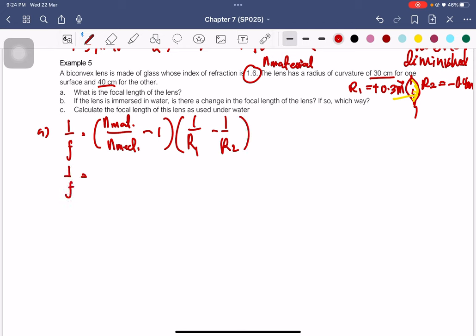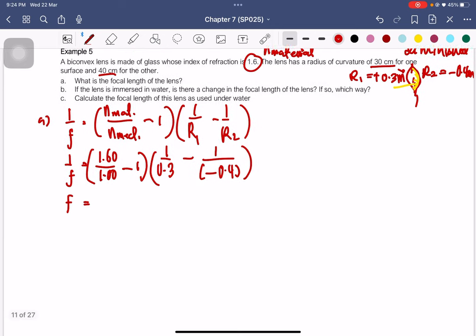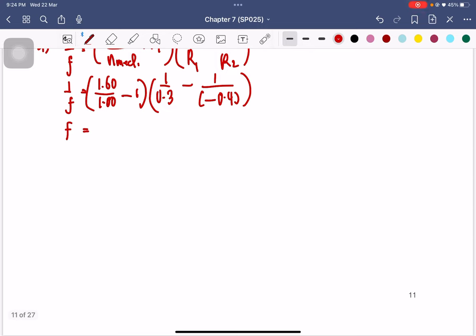So the material refractive index is 1.6, and 1.00 is for air. 1 over 0.3 minus 1 over negative 0.4. So your focal length will be equal to, I'm just going to use meter, 0.286 meter. So that is the focal length, positive 0.286 meter.